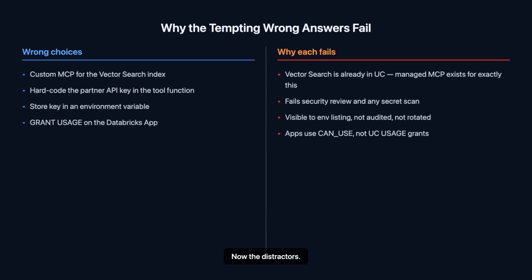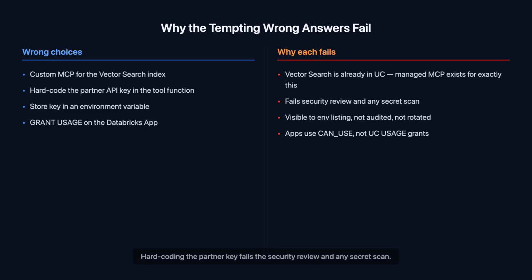Now the distractors. Building a custom MCP for the vector search index is wrong because vector search already lives in Unity Catalog. Managed MCP exists for exactly this case, and standing up a Databricks app for it is wasted work. Hard-coding the partner key fails the security review and any secret scan.